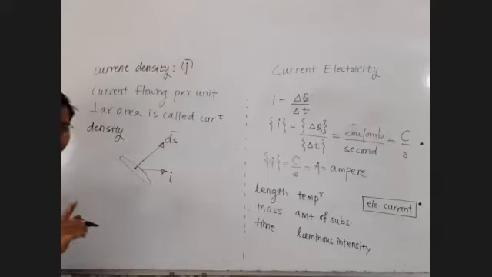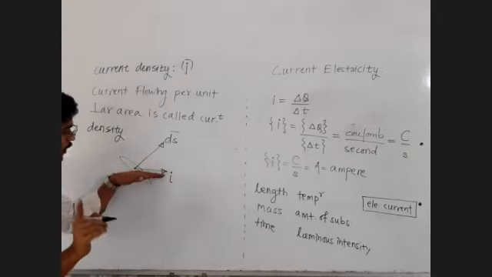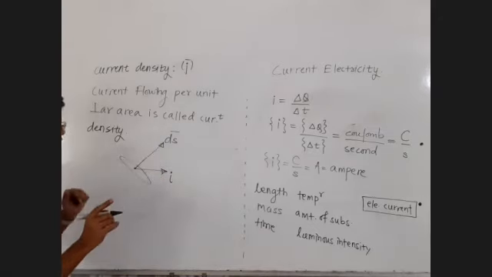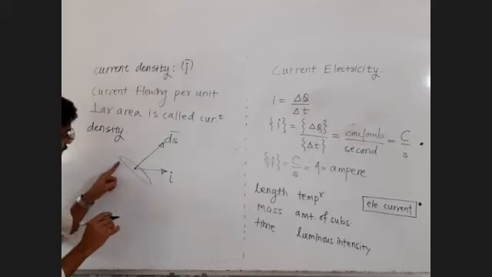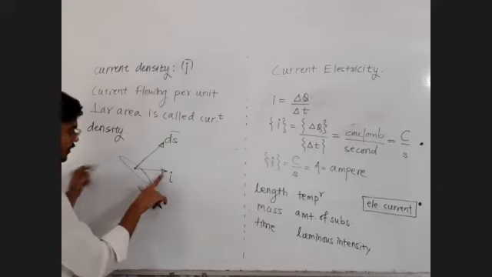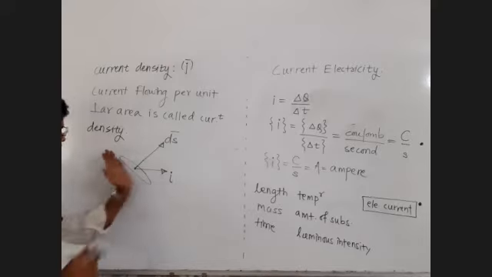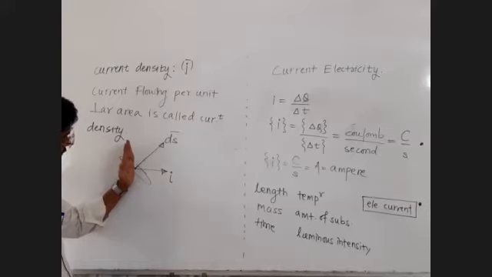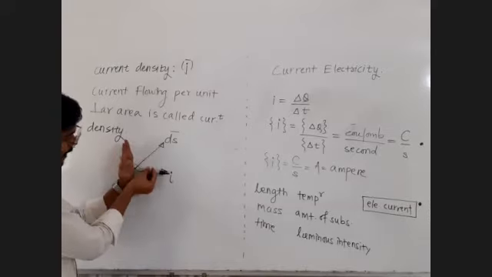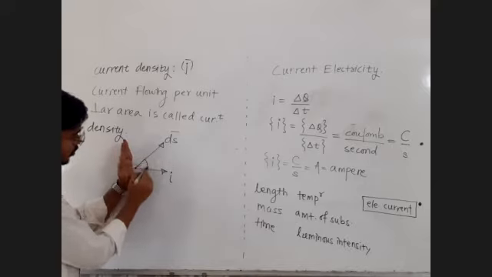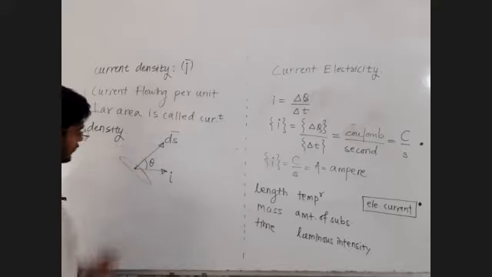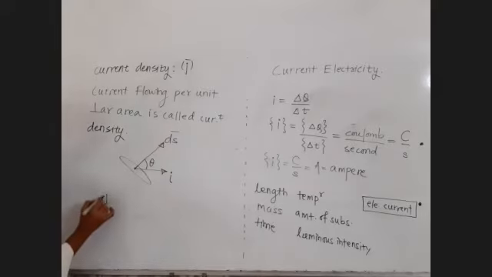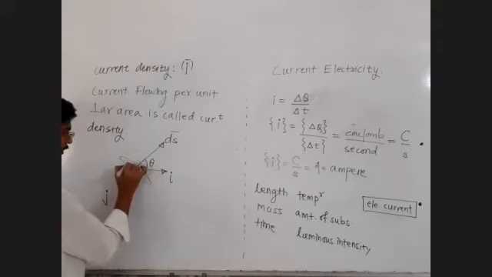So what you have to do is this: do not resolve the current, resolve the area. This area shall become perpendicular to the current. When this area becomes perpendicular to the current, the area vector will become parallel to the current. So let's write this angle theta here. Resolve the area vector.